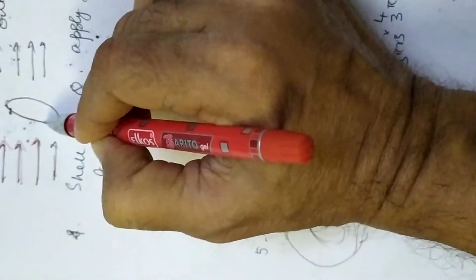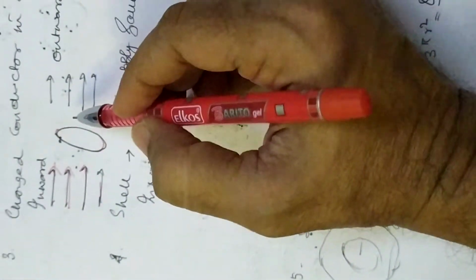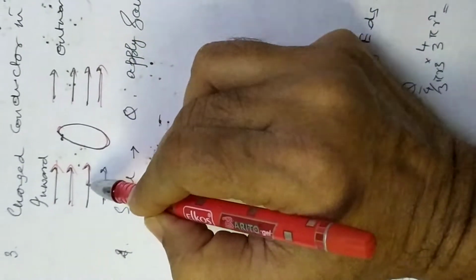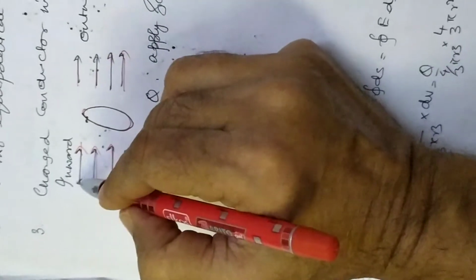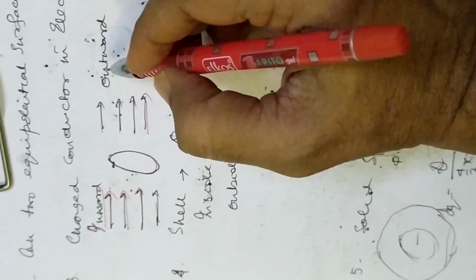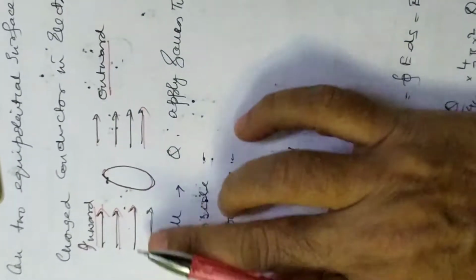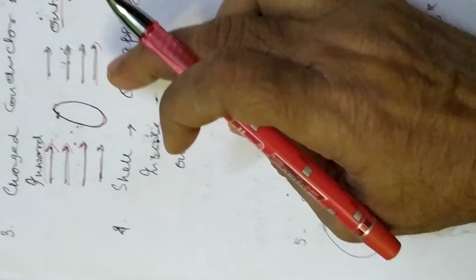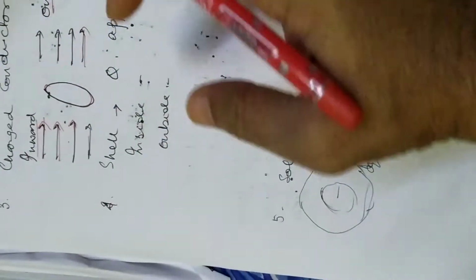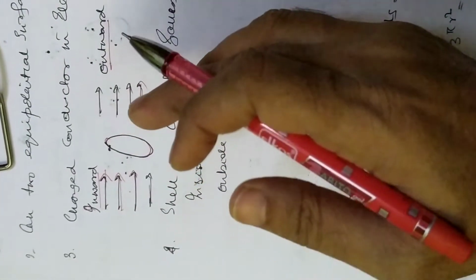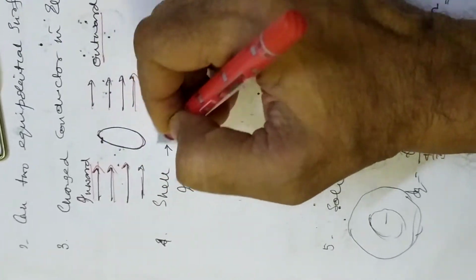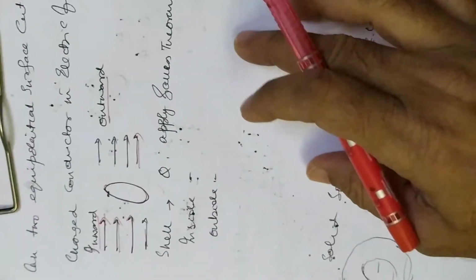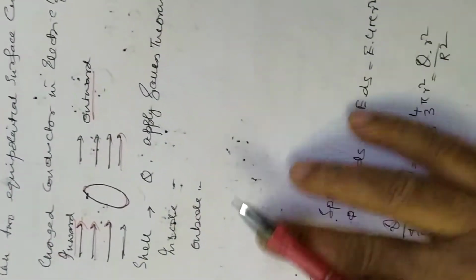We are taking a surface area, a cross section of the conductor, and the lines of force are coming in and going out. Inward cancels outward. There are 1, 2, 3, 4 inward and 1, 2, 3, 4 outward. As it is a vector quantity, inside the conductor there will be no electric field. Clear? In this way we will be doing the sums.